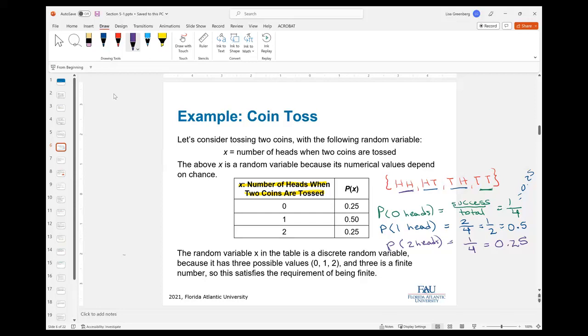The random variable X in the table is a discrete random variable. It's very countable. I only have 3 possibilities. It's finite. So it really does satisfy all the requirements.